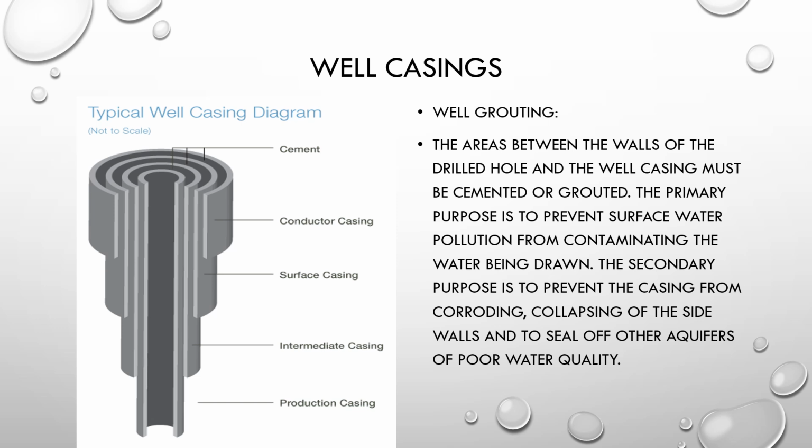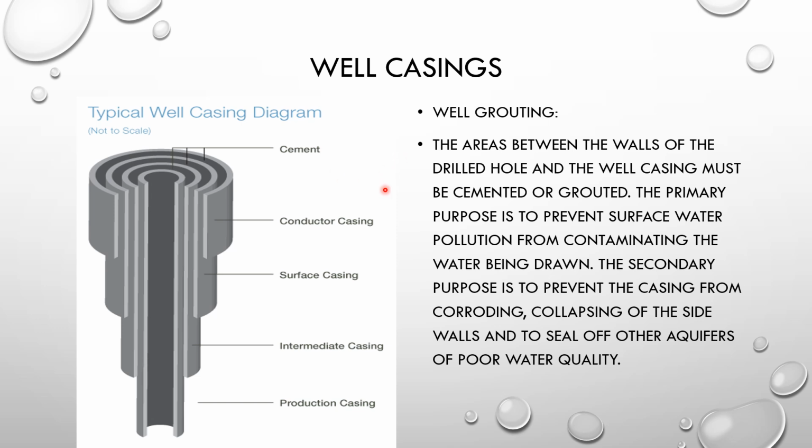All right, moving on to casings. To the left here, you can see we've got a typical well casing diagram. You've got the different types of casings here: the conductor, the surface, the intermediate, and the production casing. In between each of those casings, you're going to want to grout them with cement.